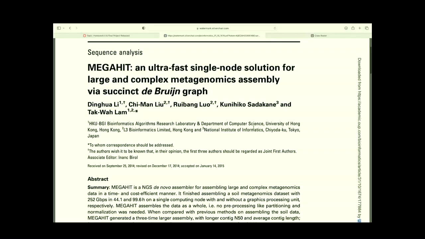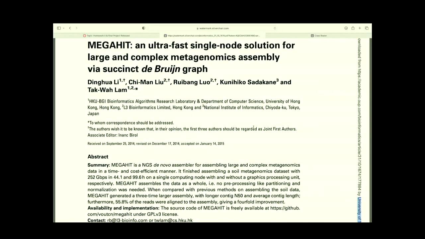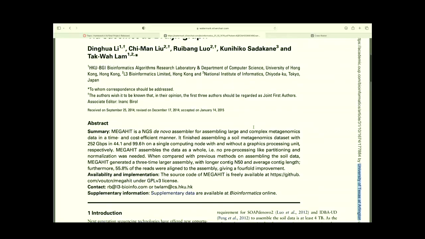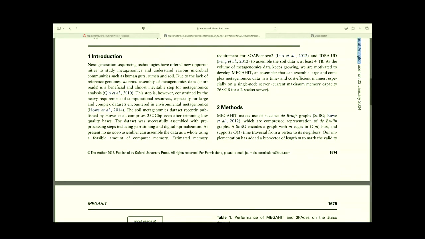So this paper has been cited 5,000 or 6,000 times. And in the next class, we're going to go over implementations of de Bruijn graphs. There'll likely be some conceptual questions about de Bruijn graphs on the midterm if you choose not to do the extra credit.